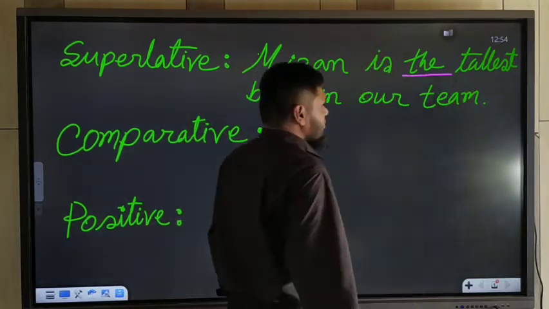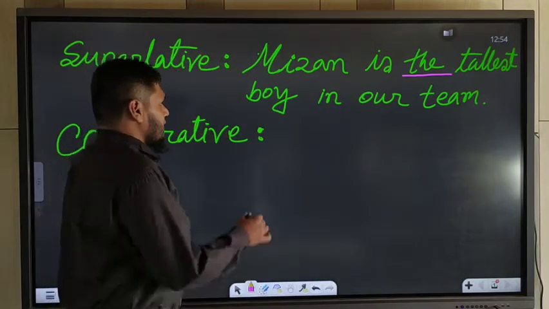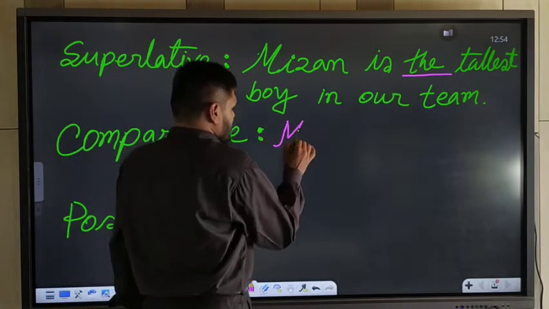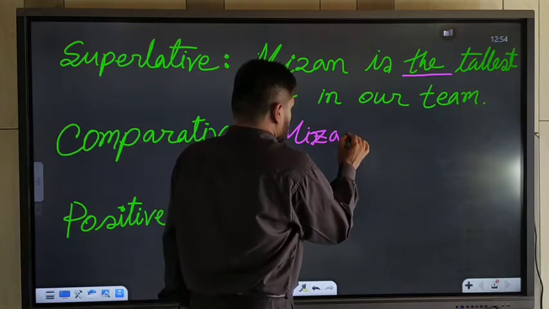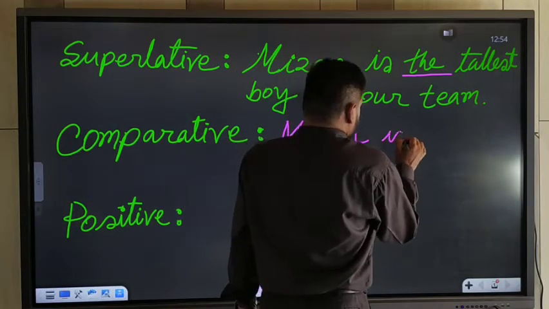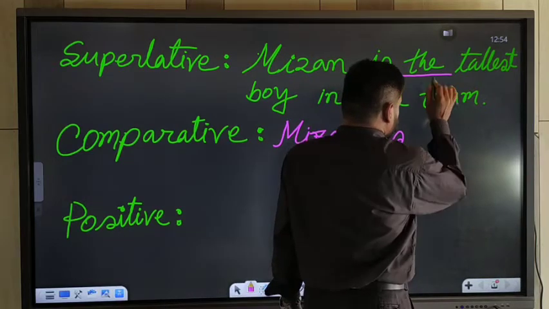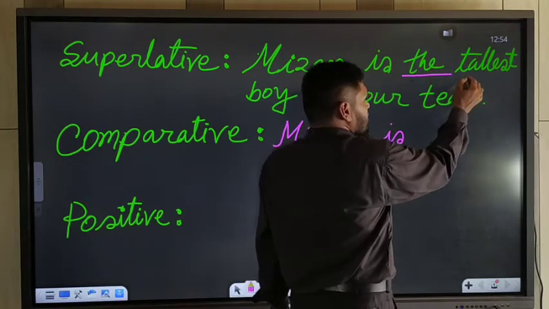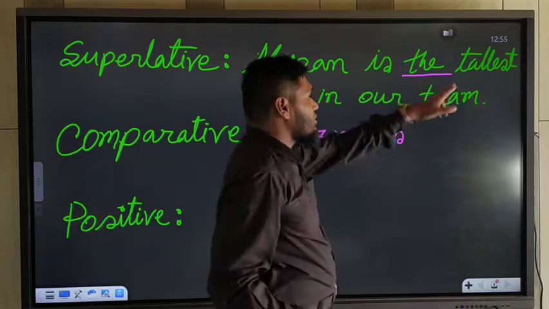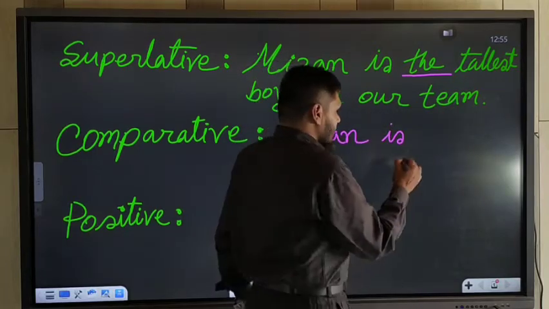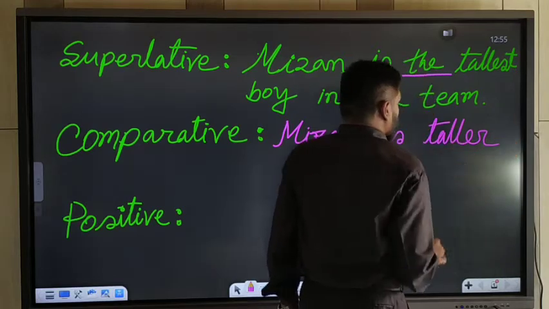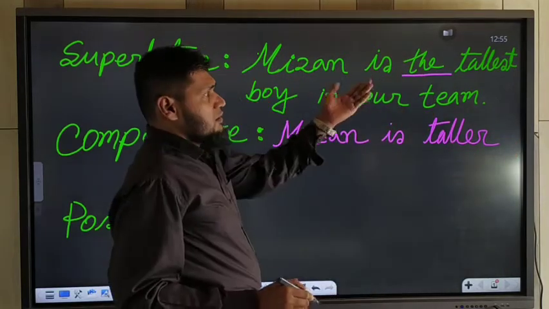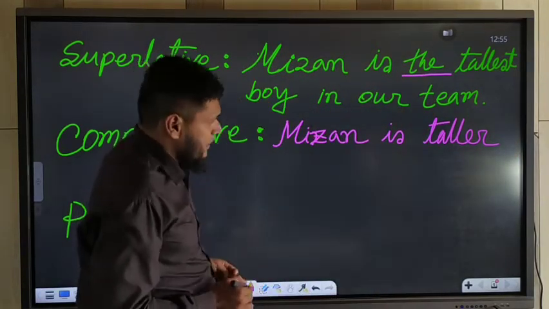So if you want to change it into comparative form, that time you should use at first the subject, Milan is. You should not use the. You should use the comparative form of the superlative degree. Taller. We know that taller is the comparative form of the degree tallest. Okay.